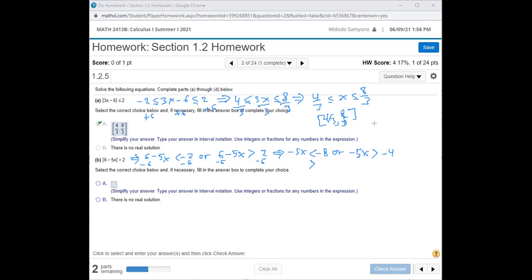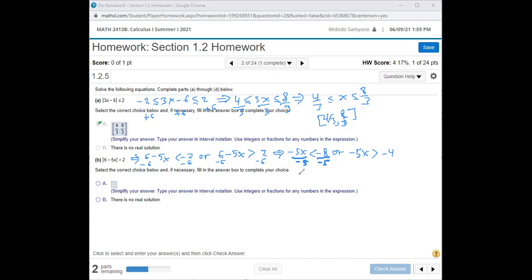So this is divided by negative 5. This is divided by negative 5.